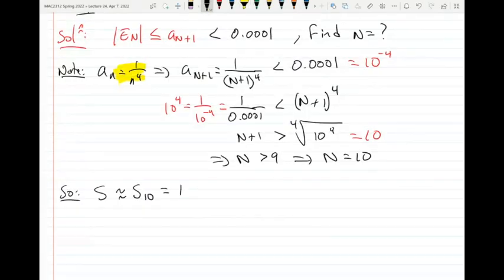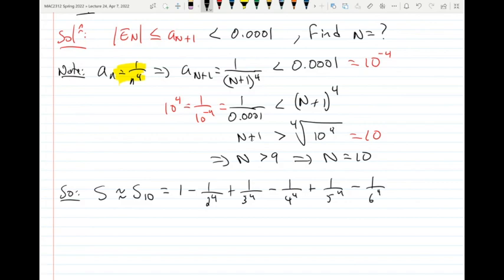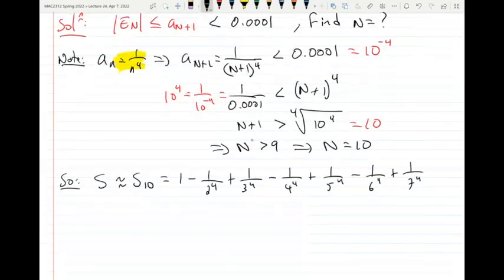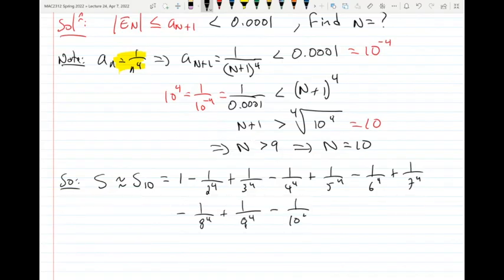It's going to be 1 minus 1 over 2 to the 4, plus 1 over 3 to the 4, minus 1 over 4 to the 4, plus 1 over 5 to the 4, and so on, then minus 1 over 8 to the 4, plus 1 over 9 to the 4, and then minus 1 over 10 to the 4.